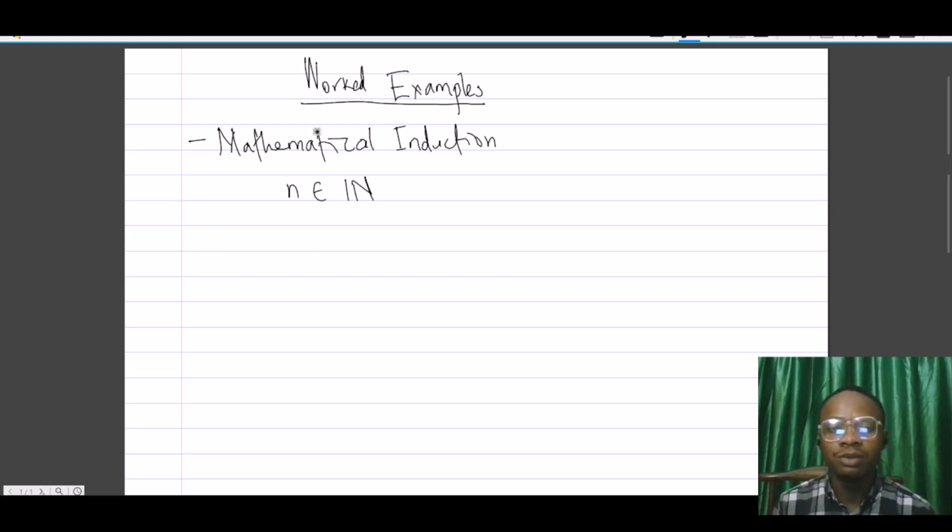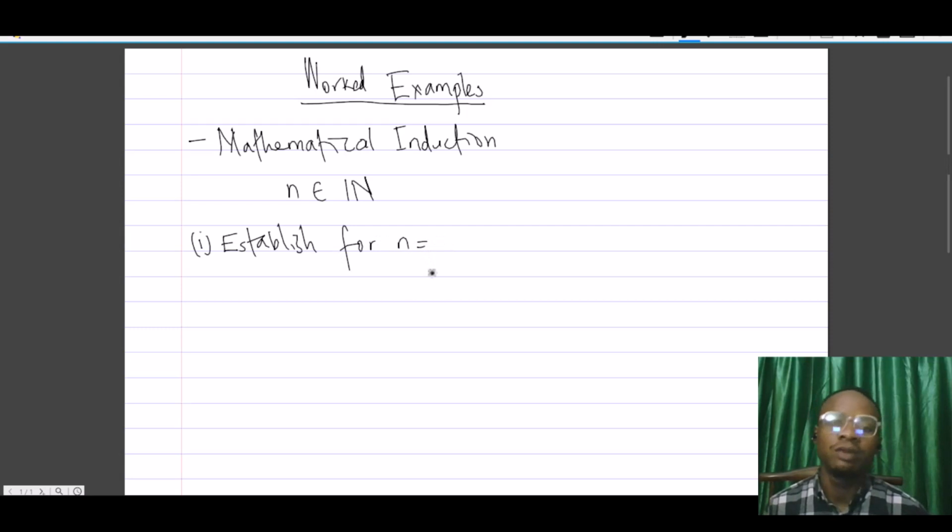The approach to establishing that a statement is true by mathematical induction is this. We will typically go through three steps to reach a conclusion as to whether the given formula or statement is true or not. The first is we examine the statement for n equal to 1.